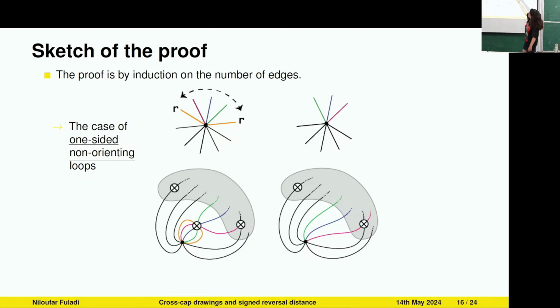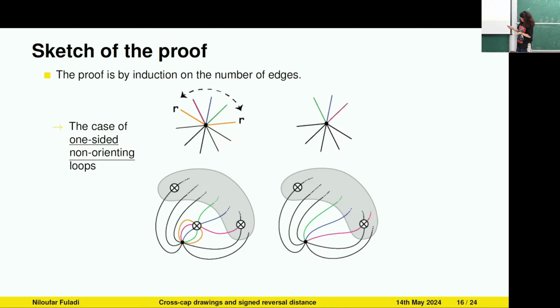Then they remove R and look at this wedge. They reverse the whole thing like this, even the signatures. And by induction, they know that they can draw this with some cross gaps. To get back R, they cut the ones that they reversed, add a cross gap, pass everything through it, and draw R. So this is how the algorithm works.